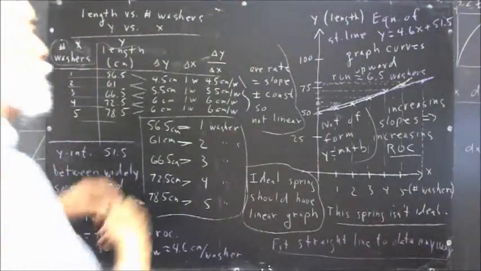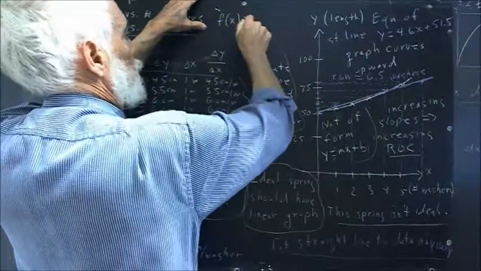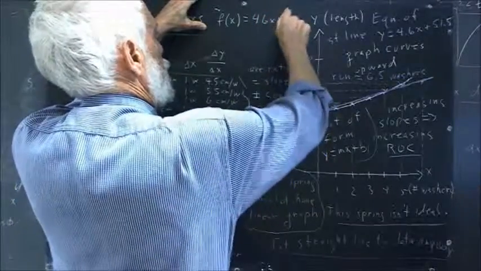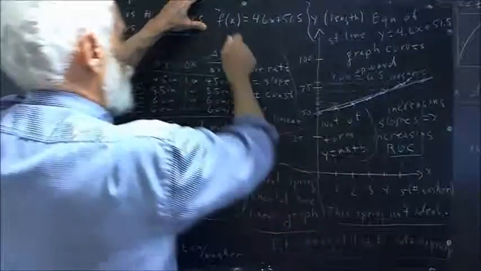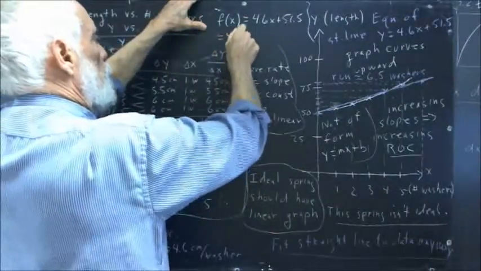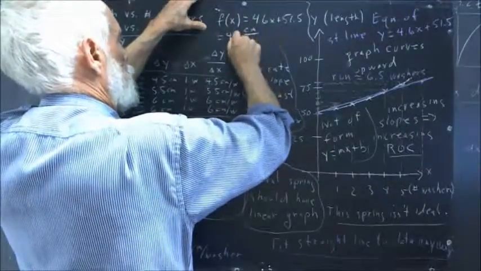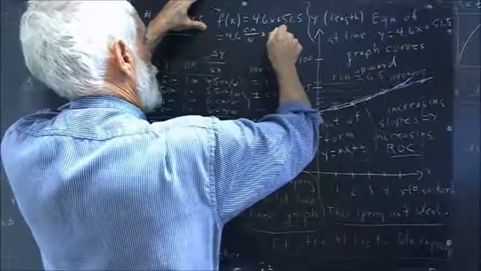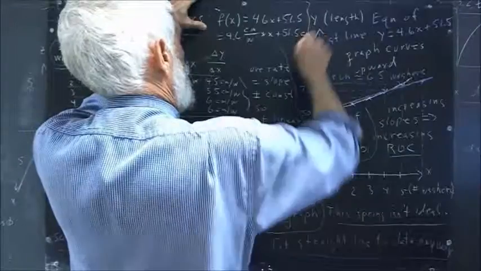And we write the linear function as f of x equals 4.6x plus 51.5, or even better as 4.6 centimeters per washer times x plus 51.5 centimeters.